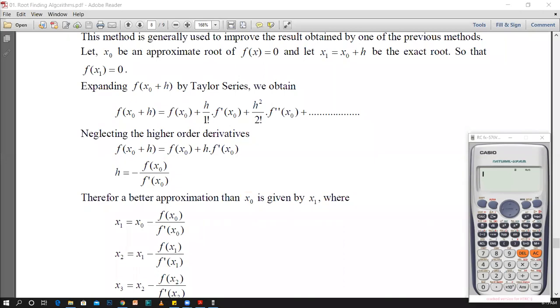Now we have already defined x naught. Therefore, the new value x1 can be obtained using this equation. The new value, or the better approximation than x naught, is x1. Then x1 can be defined as x naught minus h.